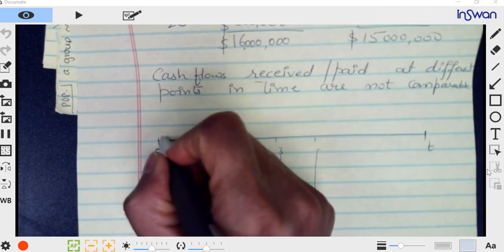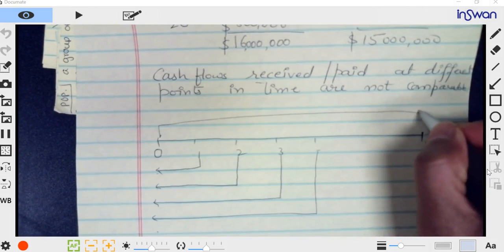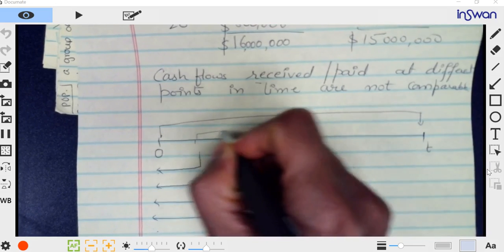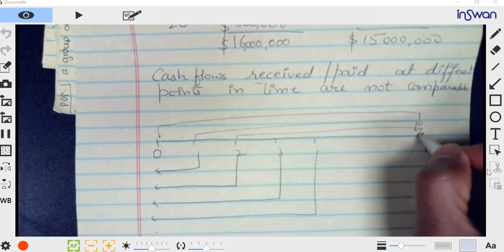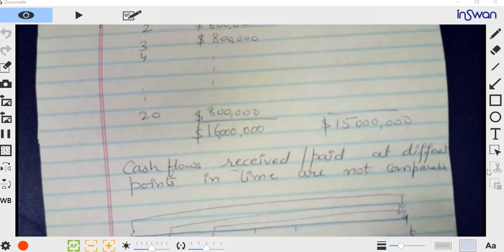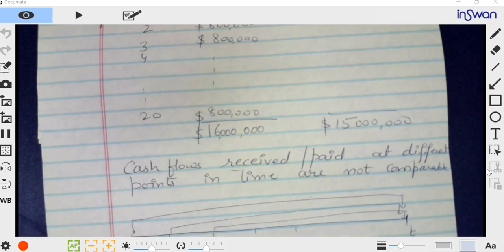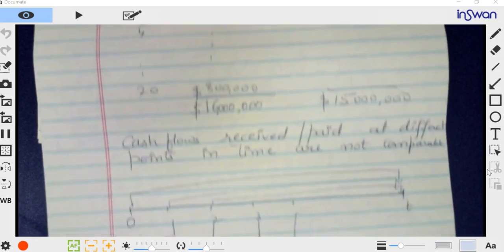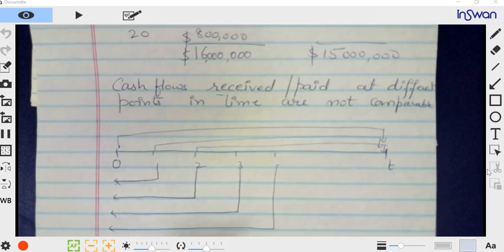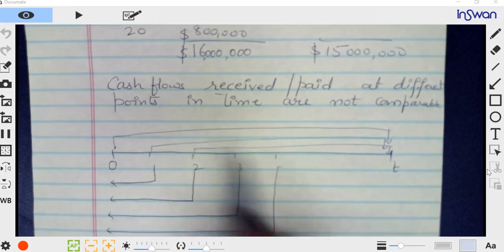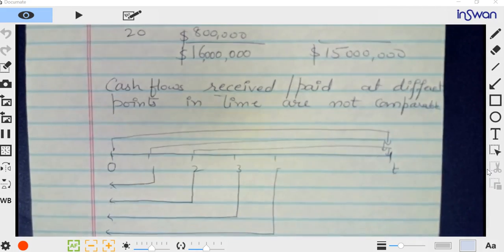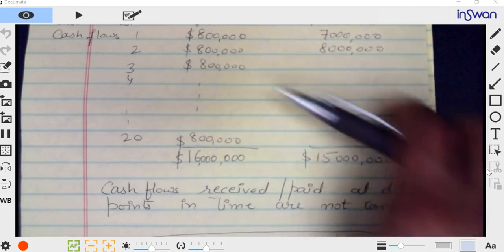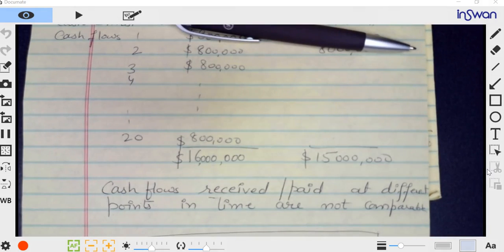Or the other alternative is to get the future value of these cash flows. Whichever you do, you have to bring these cash flows to a particular point in time to compare them. This is the basic idea of time value of money.